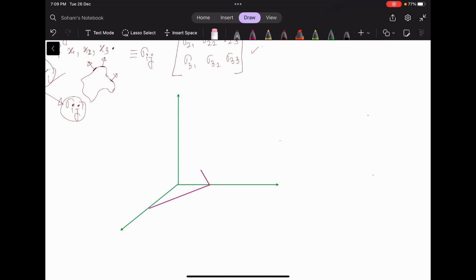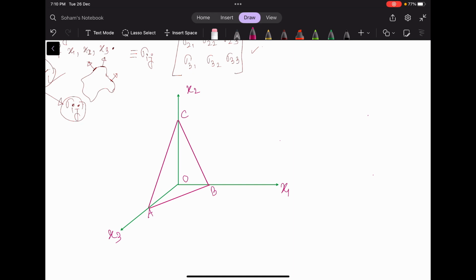The tetrahedron will have three of its faces oriented along the directions of the coordinate axes. So this is our tetrahedron OABC. I am now drawing the forces. You can see that the faces OBC, OAB and OCA have their unit normals along x1, x2 and x3, that is, along the coordinate axes.